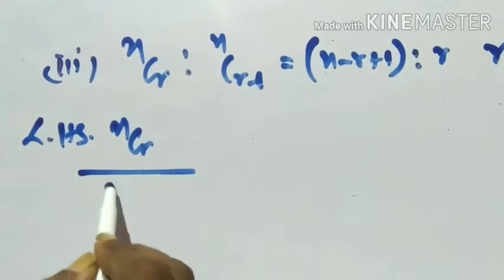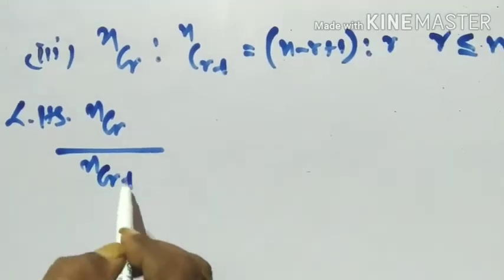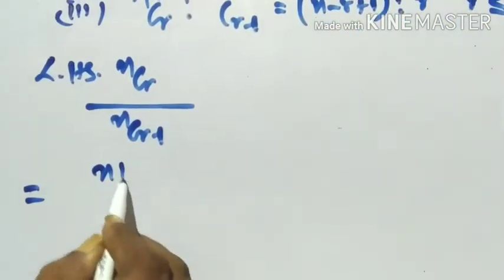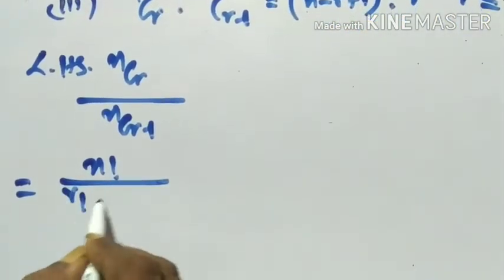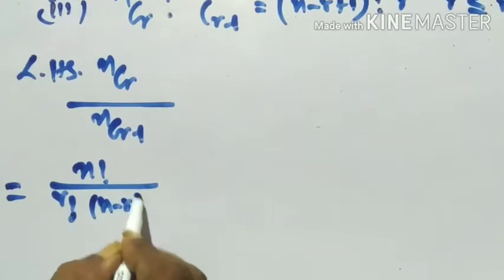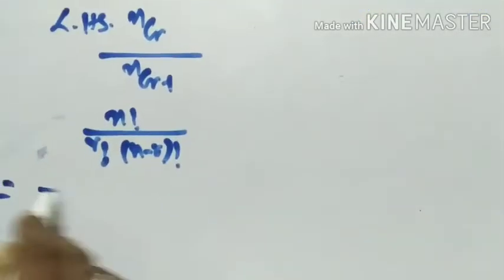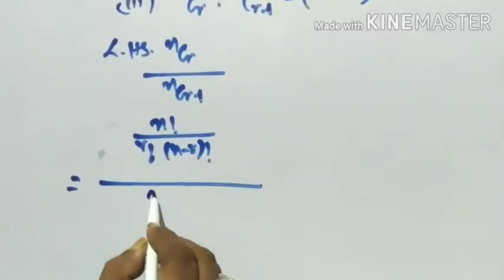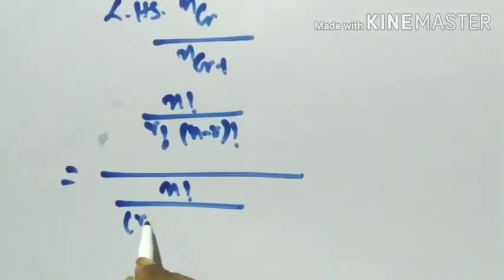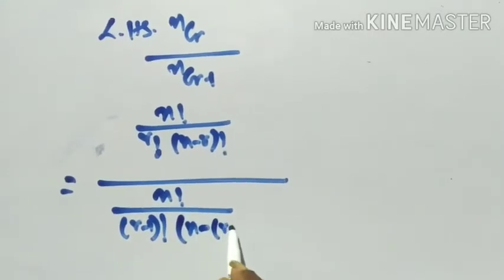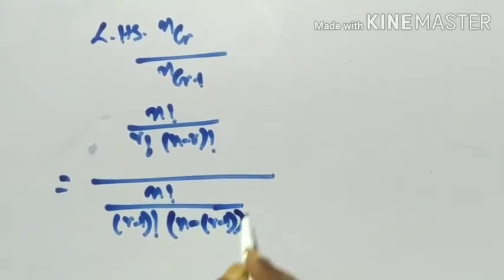nCr by nCr minus 1. This is the left hand side. Your nCr will be equal to n factorial by r factorial times (n minus r) factorial. And the denominator, nCr minus 1, is n factorial by (r minus 1) factorial times (n minus (r minus 1)) factorial.